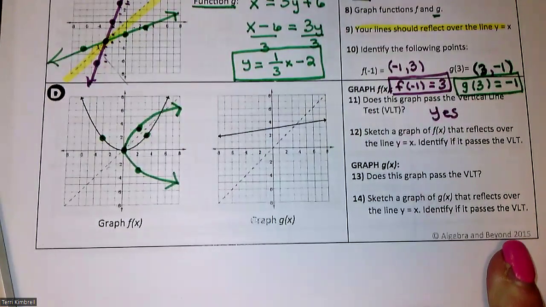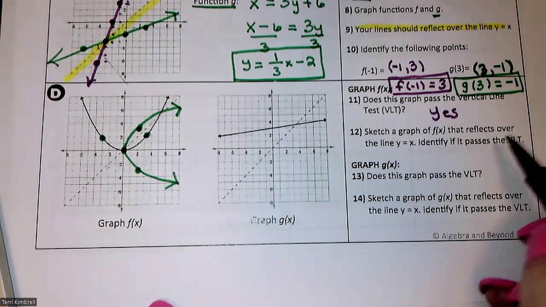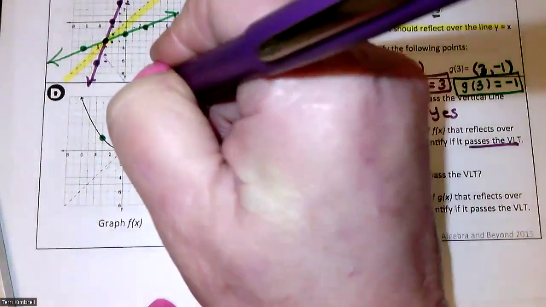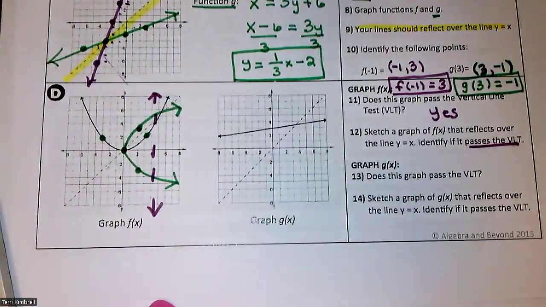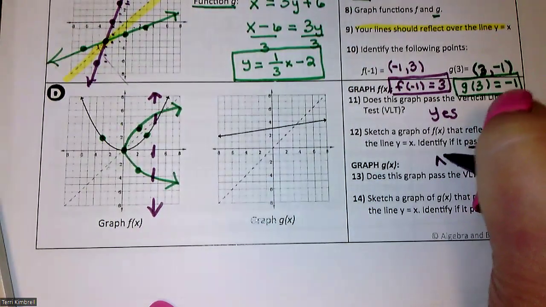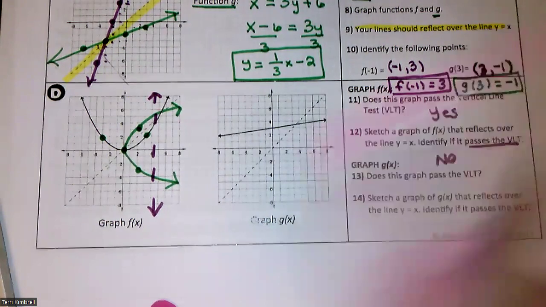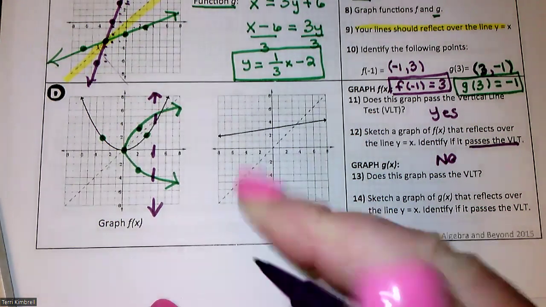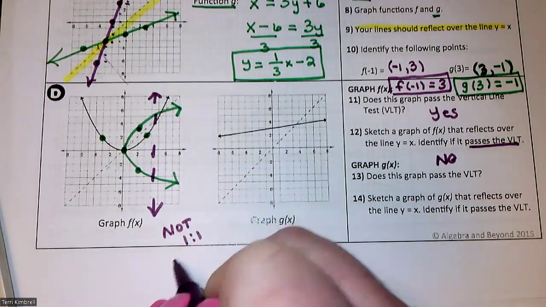Okay, so we see that we're trying to reflect that, but you can see that now it does not pass the vertical line test. Okay, so that would be no. So this one would not be a one-to-one function. So the parabola is not one-to-one.